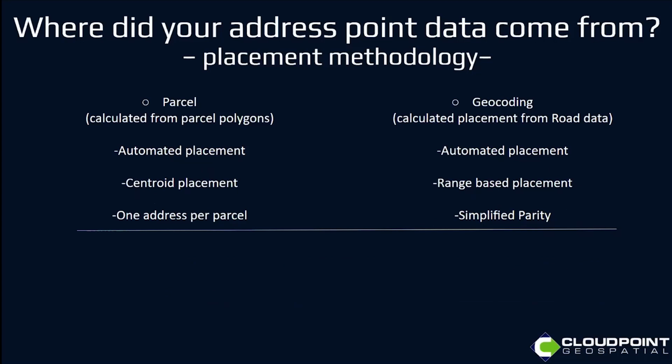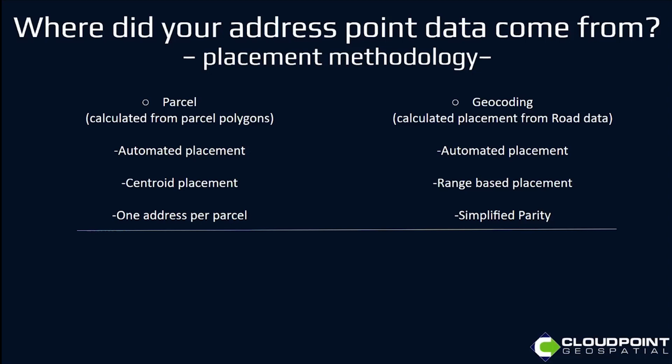Let's talk about the parcel and geocoding methodologies a little bit more. As I said before, they are both automated, so you can run these through an ArcGIS program or some other GIS software to get some data points on a map. However, the parcel automation has some downfalls.